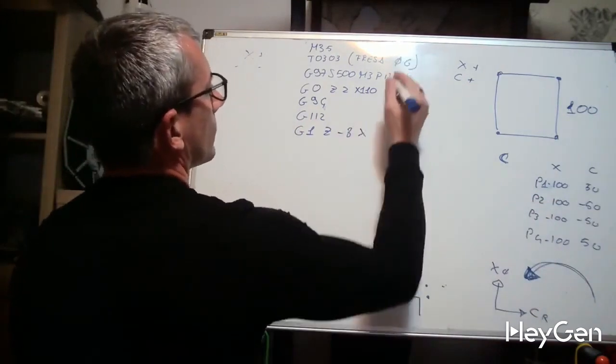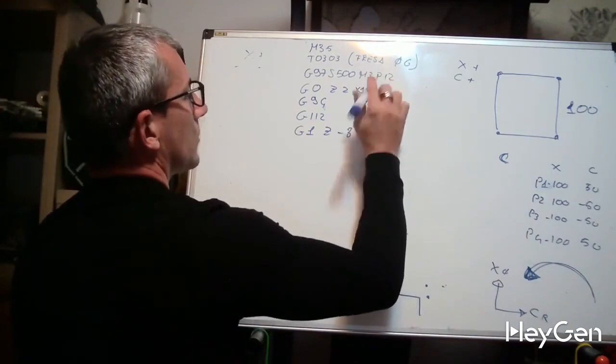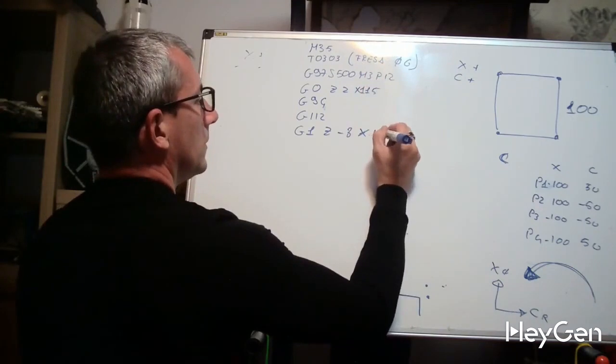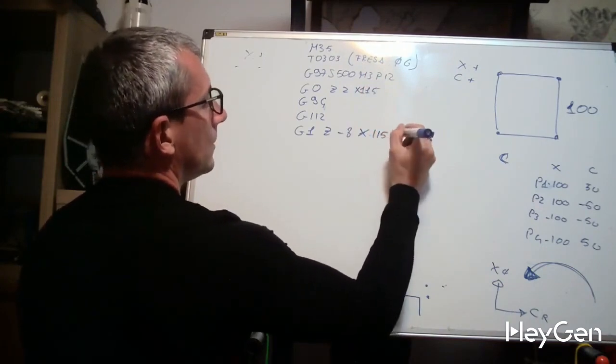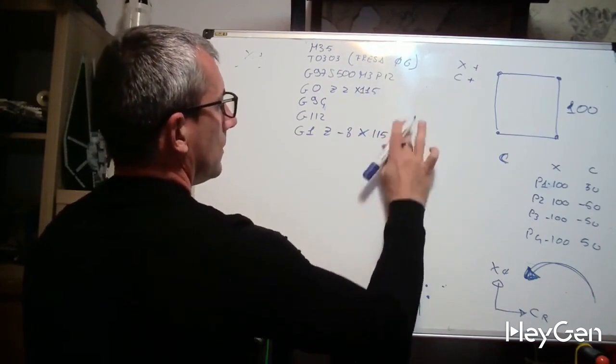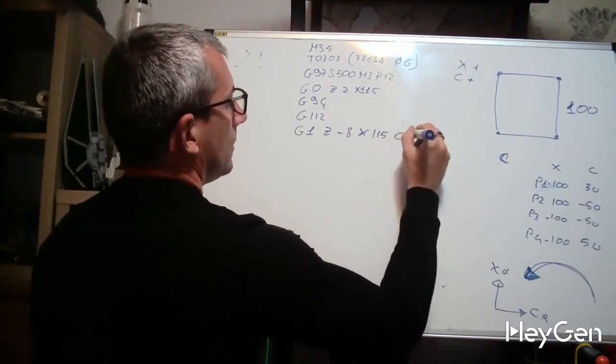Now it's time to enter G42. It could have been entered earlier, but it's always better to give a certain position before calling for the tool radius compensation.